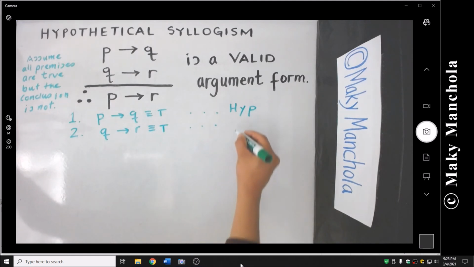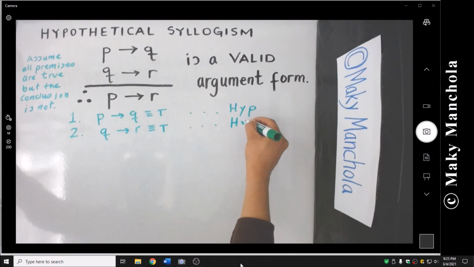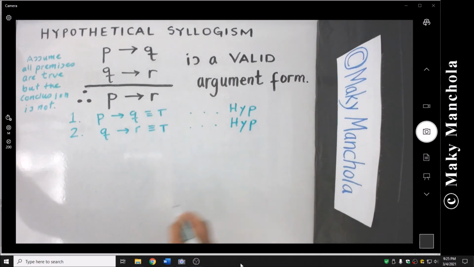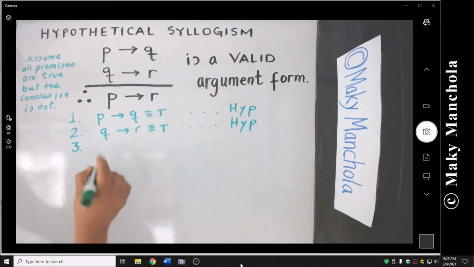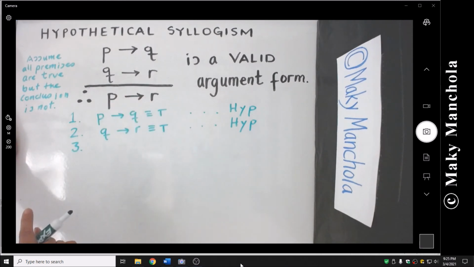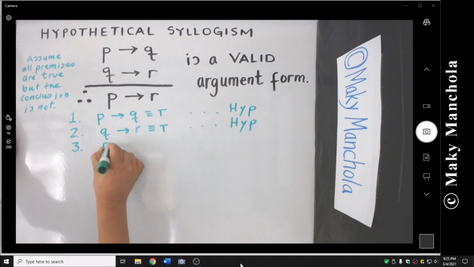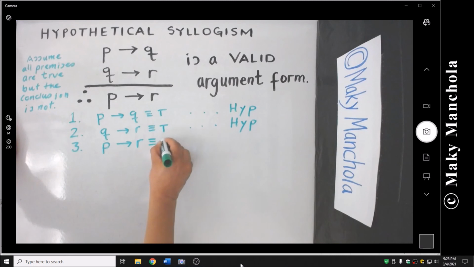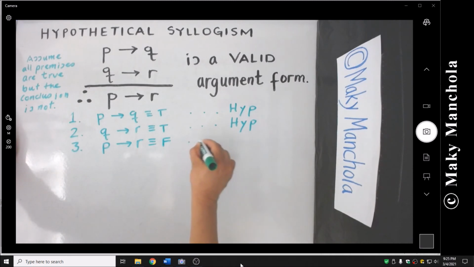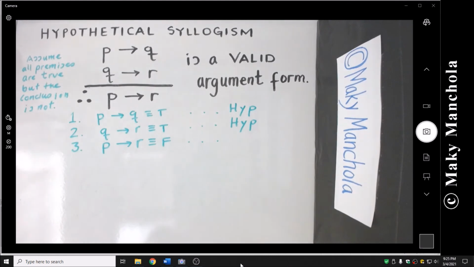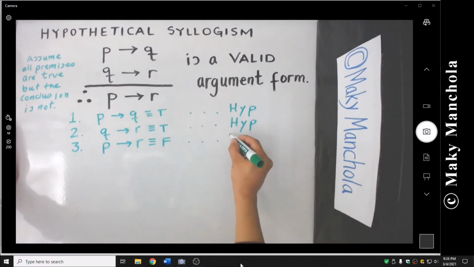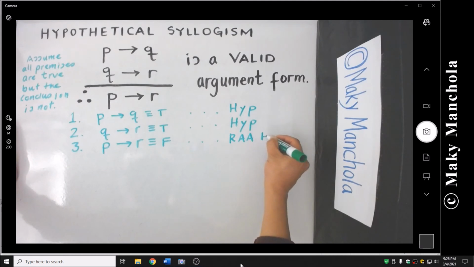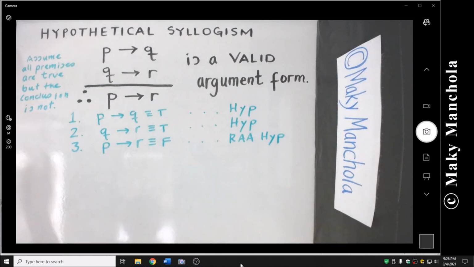That's also one of our hypotheses. Three. P implies R is false. That is our assumption. We're going to call that our RAA hypothesis. RAA stands for reductio ad absurdum.